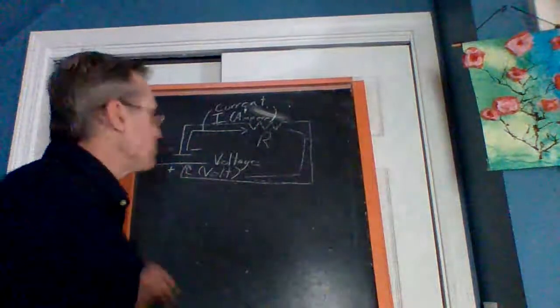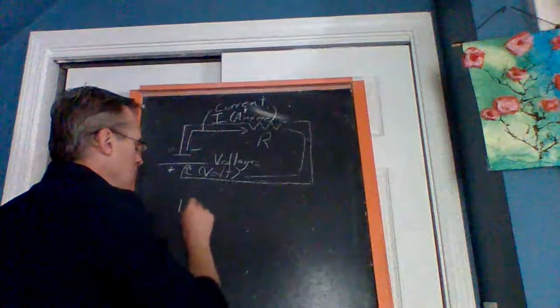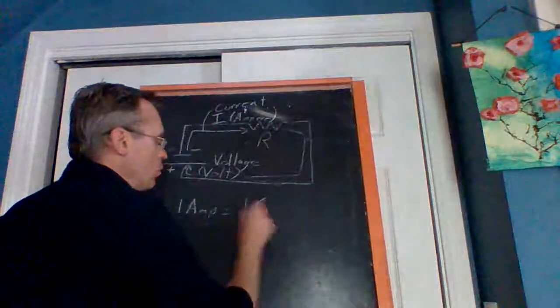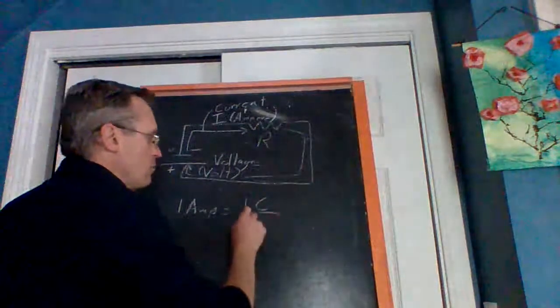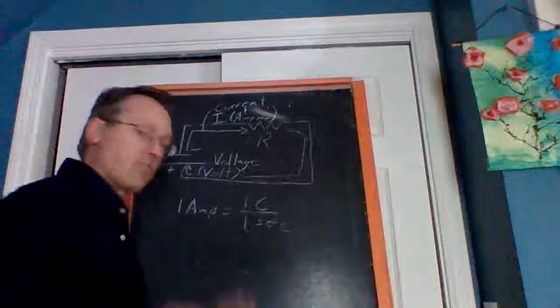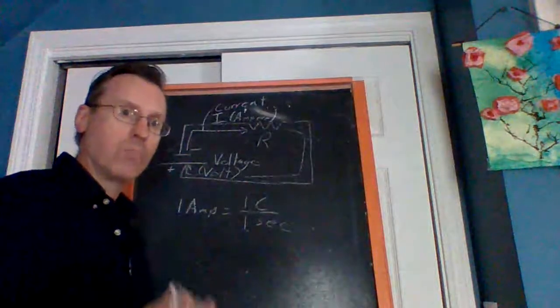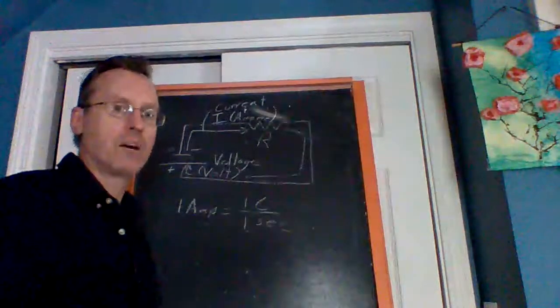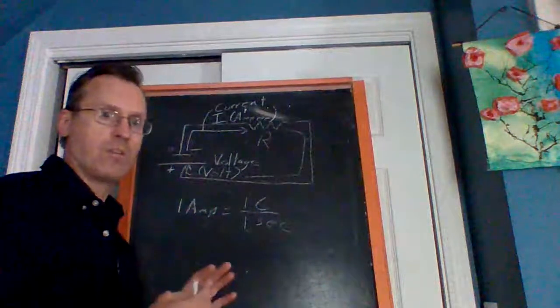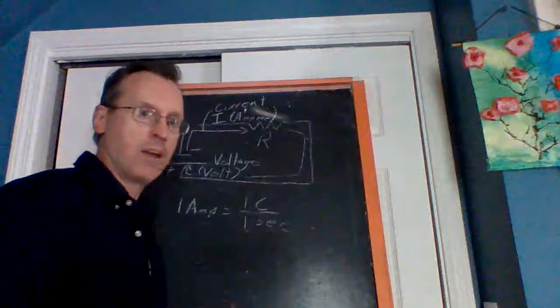Just so you know, 1 ampere of current is the equivalent of 1 coulomb of charge moving through a section of wire in 1 second. So it's actually a rate, a coulomb per second moving through a conductor. 2 amperes would be 2 coulombs of electrical charge through a section of conductor in a second, and so on.